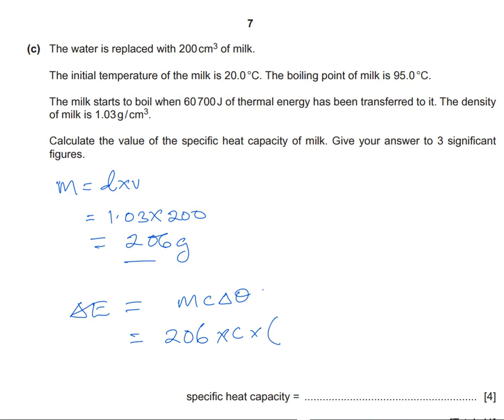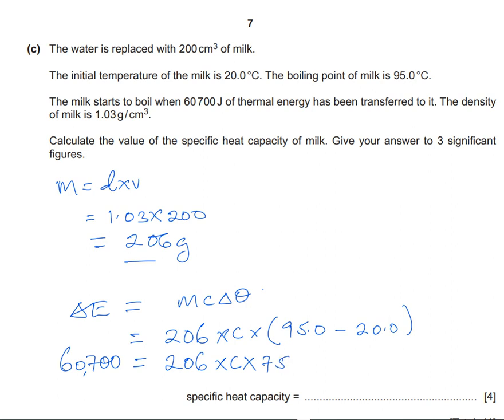So remember, the boiling point is 95.0, but originally it was at 20.0 degrees Celsius. The energy supplied is given to us: 60,700 joules is equal to 206 times specific heat capacity times 95 minus 20, that is 75.